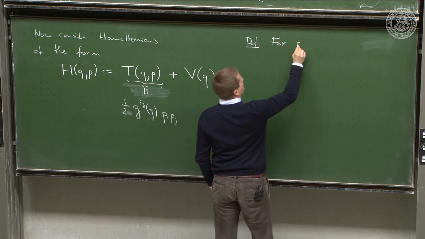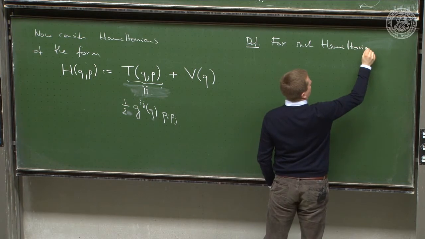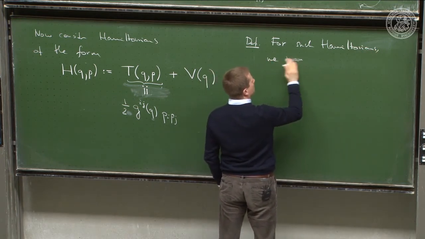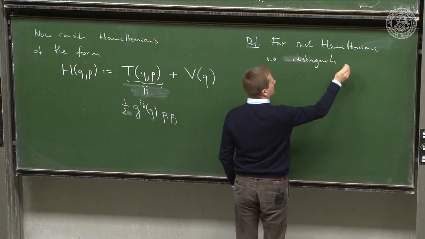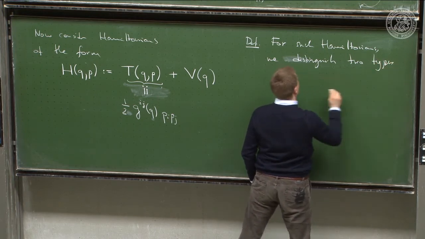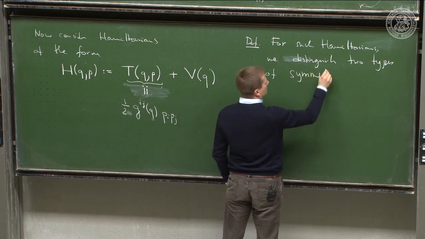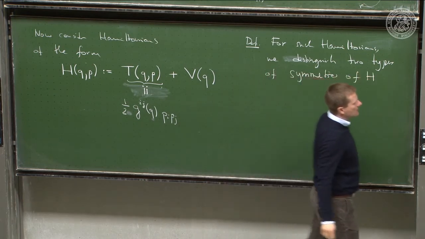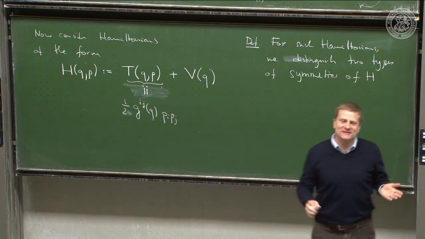For such Hamiltonians, we distinguish two types of symmetries of H. We now know that the symmetries of H are at the same time the conserved quantities.